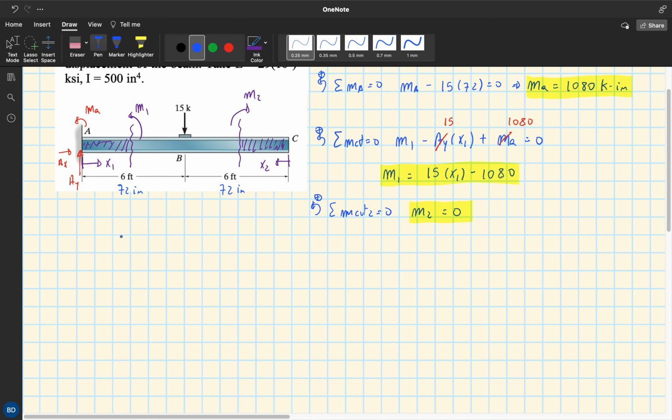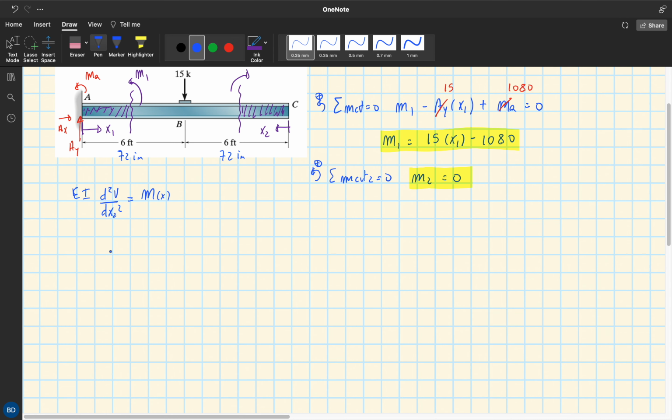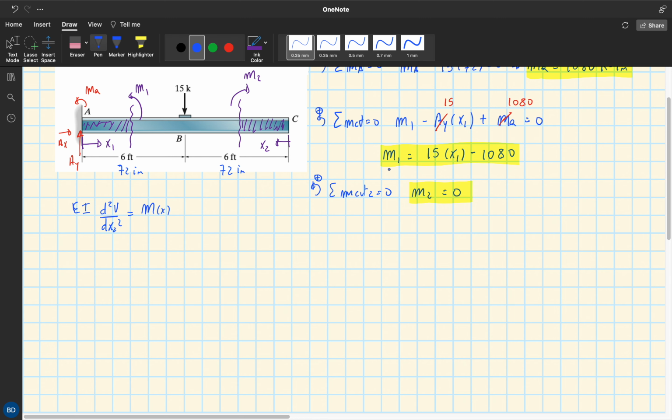Okay? So now we have to write the equations for the double integration method. The equation is the following. We have EI d2v over dx squared, and this is equal to our moment varying with x. So we can do calculations for both M1 and M2 simultaneously.